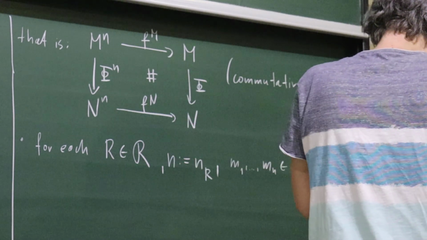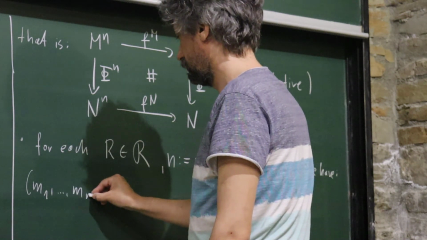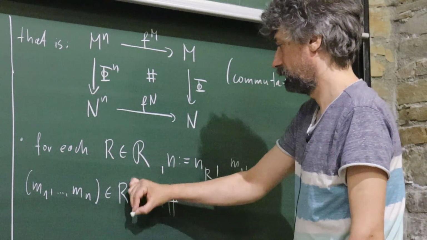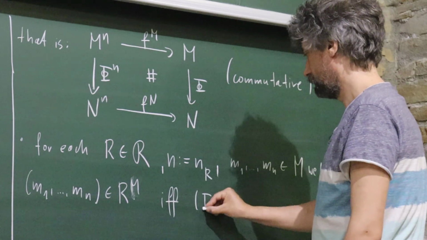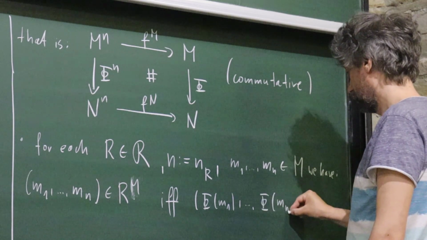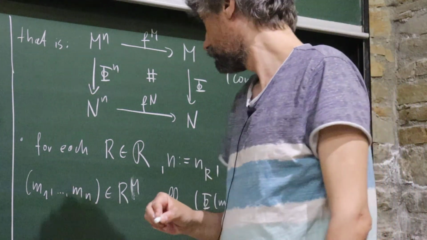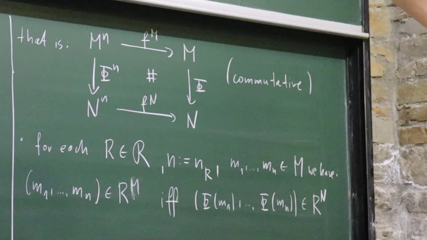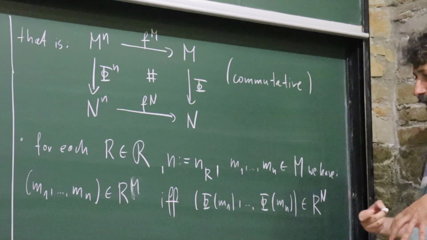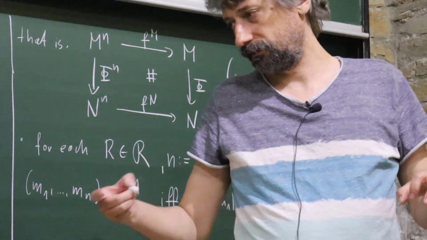It holds in M if and only if it holds in N. Yes, so we also care that we don't want that somehow this relation in N has more things inside possibly coming from M. Okay, if and only if.